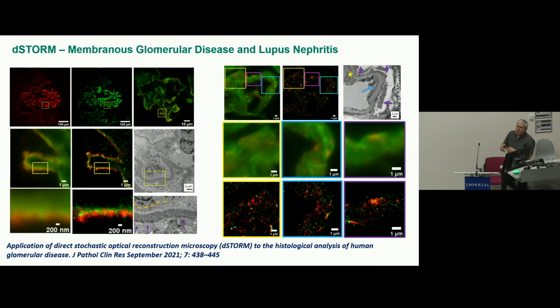Then we moved to other diseases. Here I show you membranous glomerular disease. Again, this is the whole glomerulus under 20x, and you use antibodies. In the red channel, we use antibodies to detect the immune deposits that are actually causing the disease, with the glomerular membrane as a reference baseline.